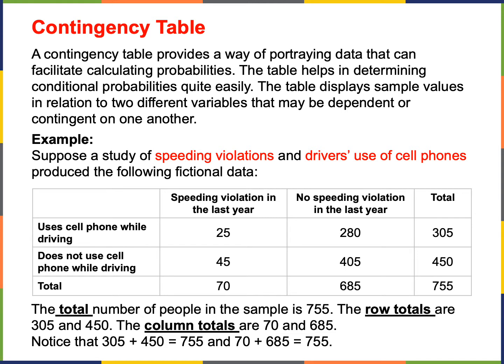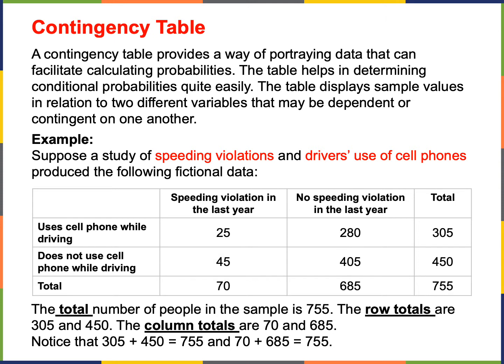Additionally, of that 755, 70 of them got a speeding violation in the last year, and 685 did not. These are called row totals because a horizontal line is a row, and this is the total of that row. Notice that if I add these together, I get the total amount of people, which makes sense because you're asking them, did you do this or not, and that's their response.